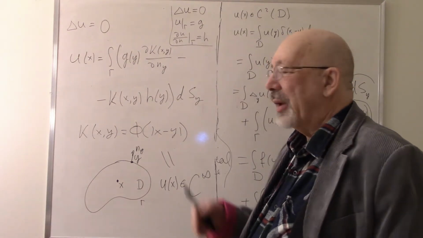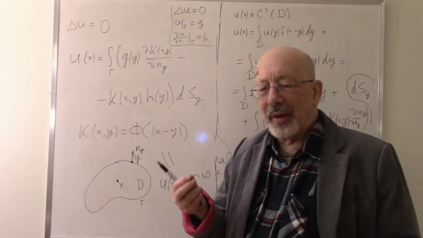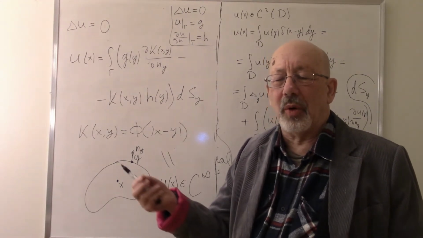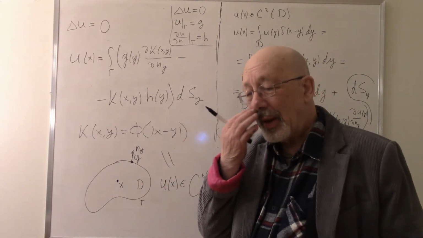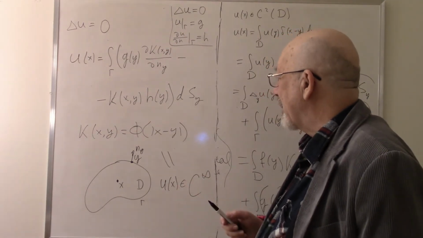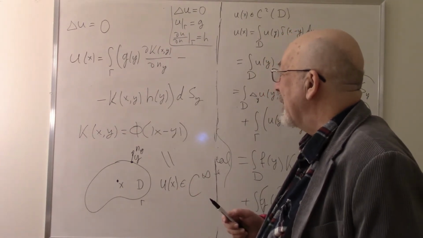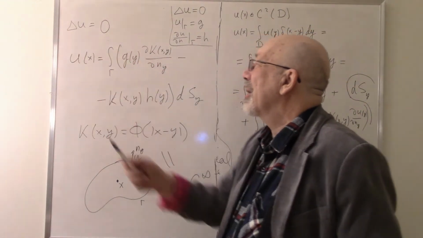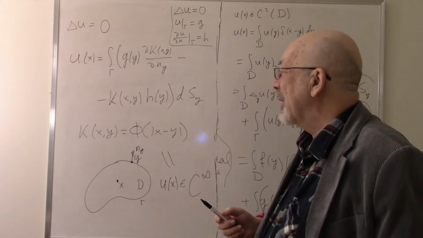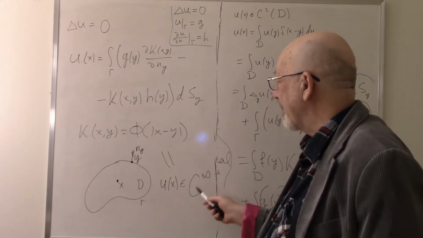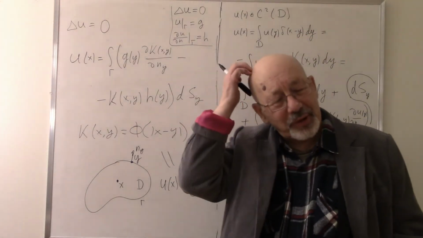Or it may be a function of class C2, but no more regular. And here we see a new phenomenon: if the function only satisfies the Laplace equation, it is infinitely smooth. Moreover, this function is analytic.